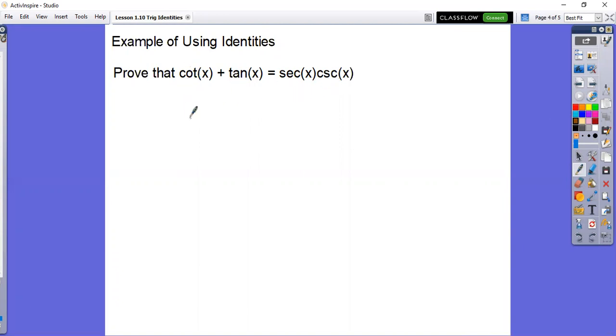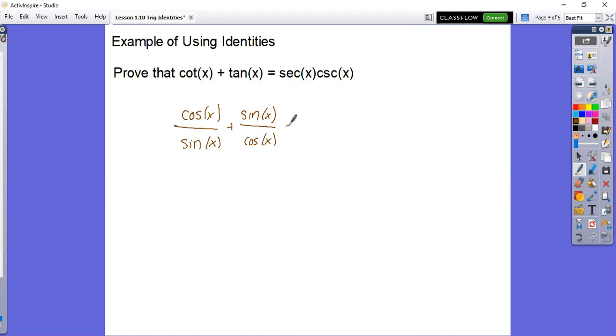So cotangent is equal to cosine over sine, so this is cosine x over sine of x, and tangent is sine of x over cosine of x. So what we're going to do with something like this is we're going to deal with one side of the equation and try to just prove that I can get it to look like this.